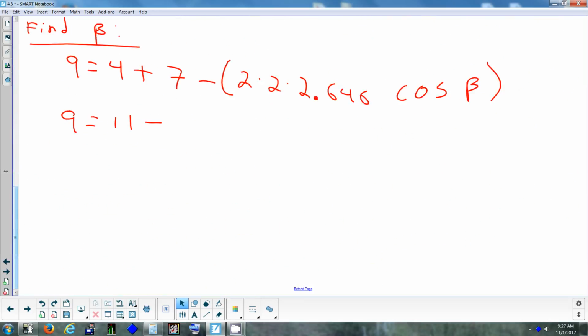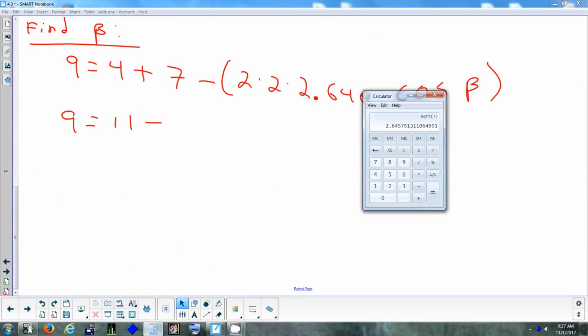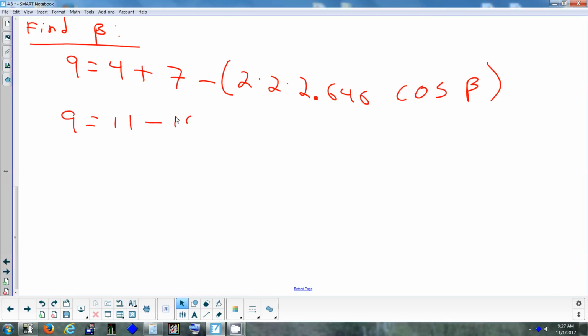And I need 4 times 2.646. Okay, I know it's rounded, but it's the best we can really do. And we got 3 decimals, so it's still pretty good. 10.584. Whether or not you put parentheses around this doesn't change anything at this point.